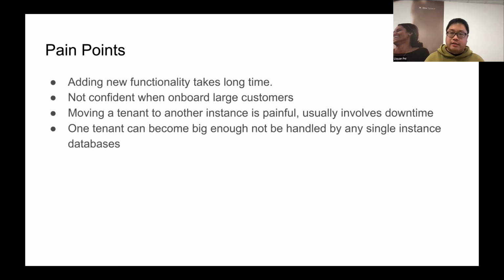On each side, they can add people to the channel. When they tried to launch this feature, they had to reshard their database from the user to the channel in order to work around the limitations of the sharding. That took a couple of months, and this is not really adding much value to the business. It would be good if they didn't have to spend time resharding the database when they want to add a new functionality like Slack Connect.